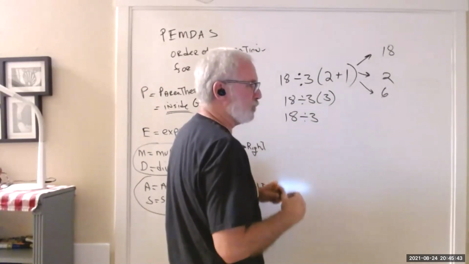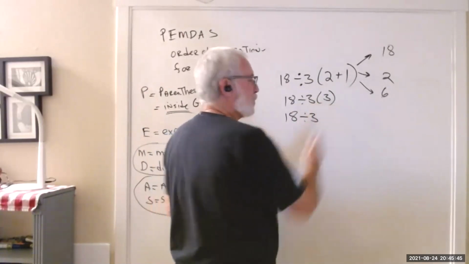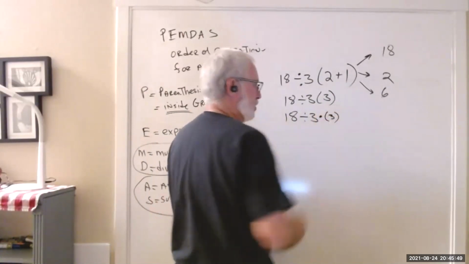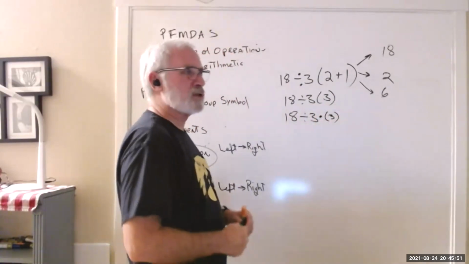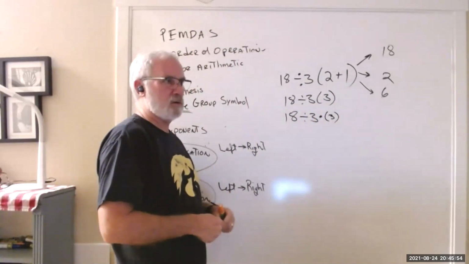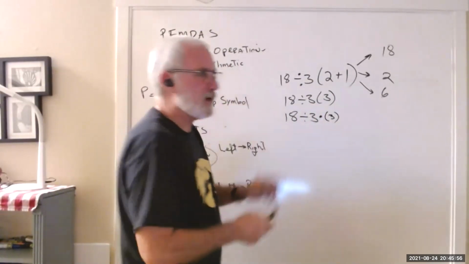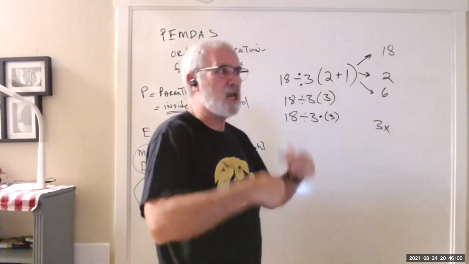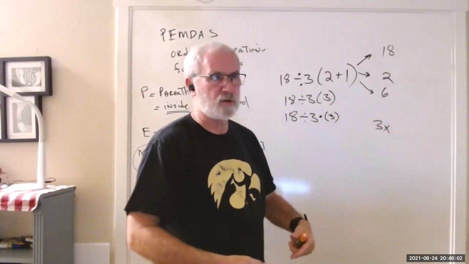Remember in algebra, when you shove two numbers right next to each other, they're implied to be multiplication. That's one of the tricks of algebra. Two things shoved right next to each other, like when we say 3x, it means 3 multiplied with x.